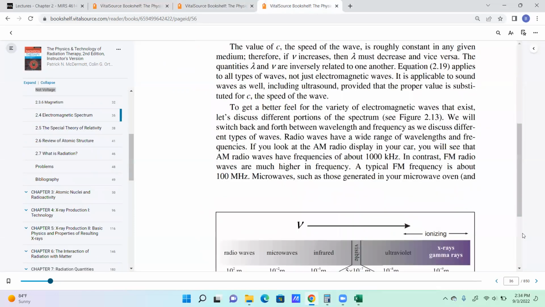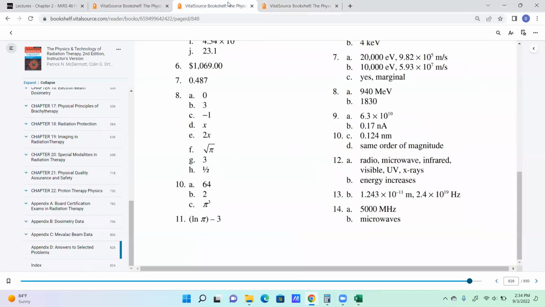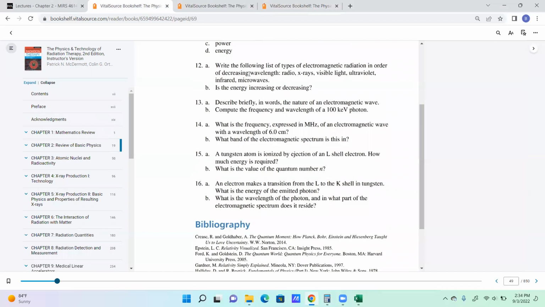Let's see, we should have it here. You can see them listed here. So you can see the wavelength increases going this way. Radio waves are really, really big. Gamma rays are really, really small when it comes to the wavelength. So you can see here, again, the order is going to be decreasing wavelength. So you're going to be going from the biggest to the smallest.